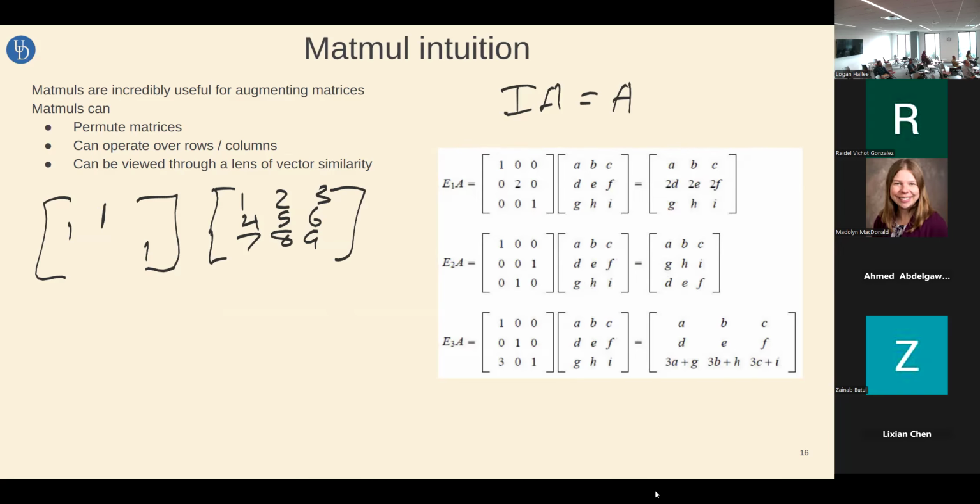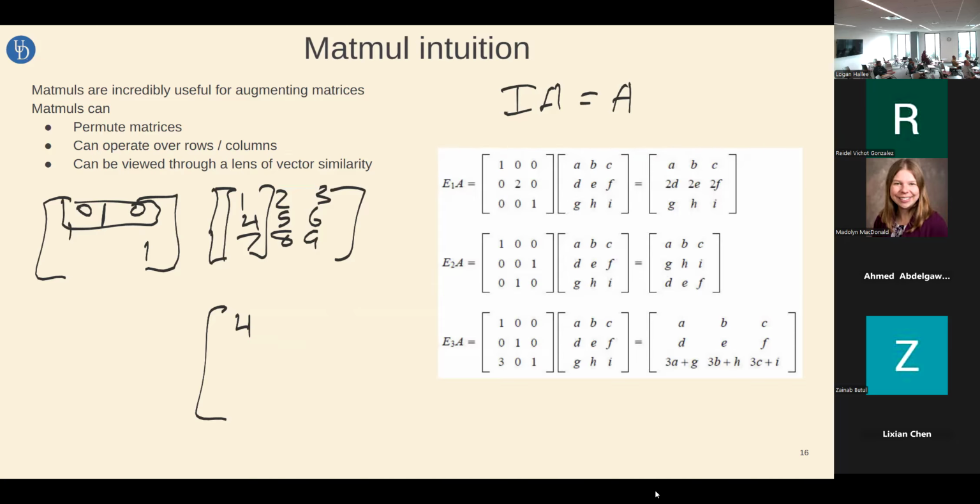Basically, we could just go through the matmul, right? So if we look at this, 0, 1, 0 versus this, the dot product of that is just 4. That is going to go here. And I'm doing this right, let's see.